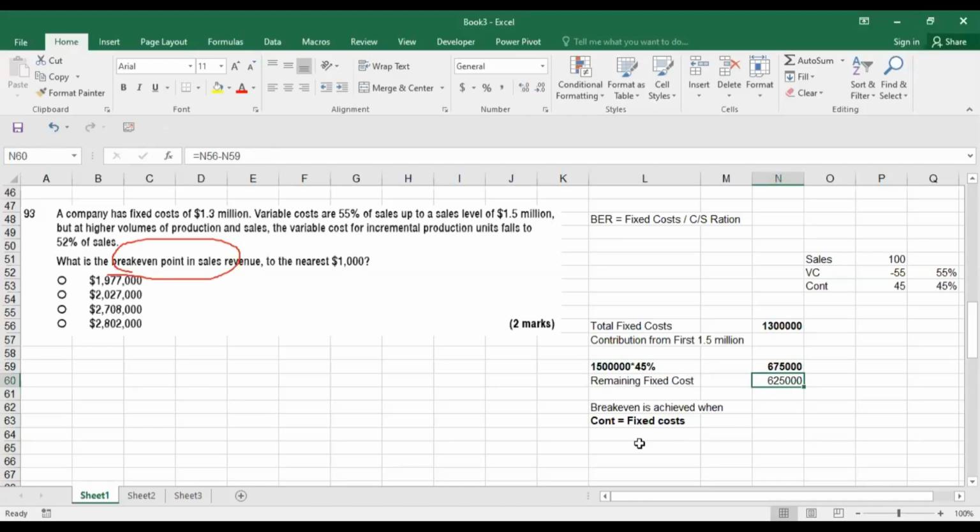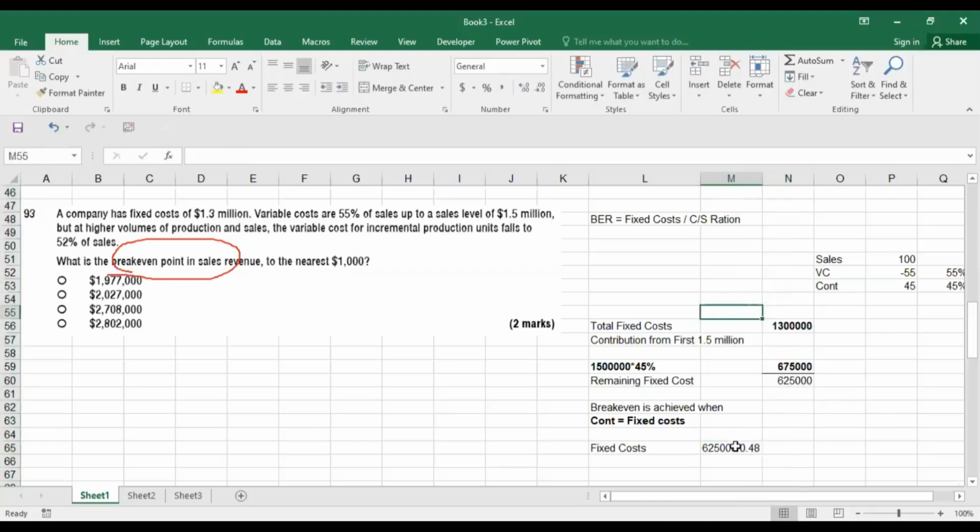And how do you recover 625 fixed cost? You say 48%. Fixed cost 625 divided by 0.48, because from the next units you are going to earn a contribution of 48%.